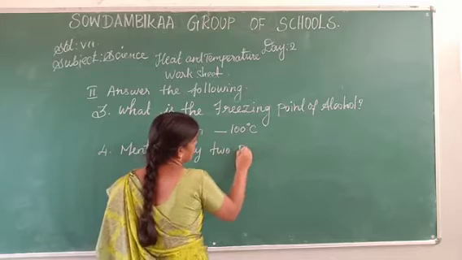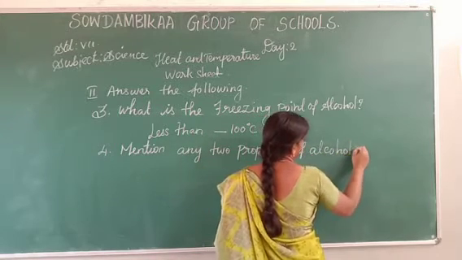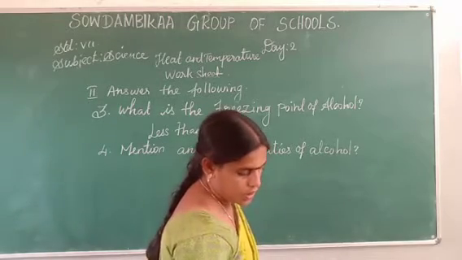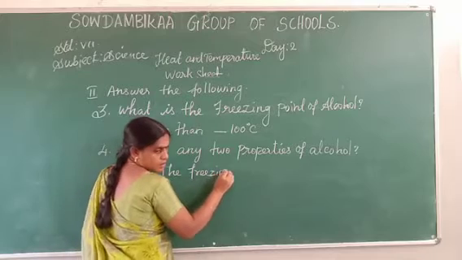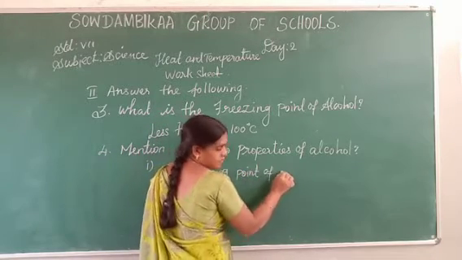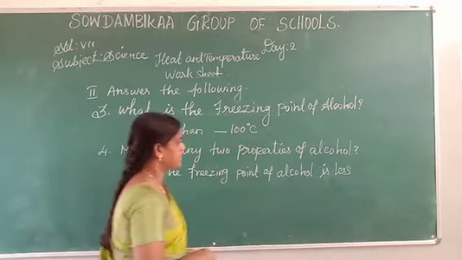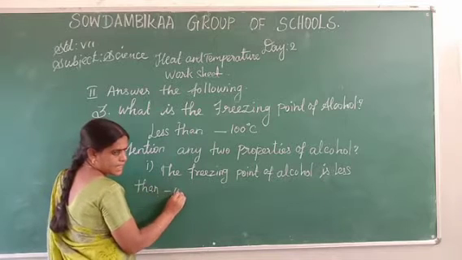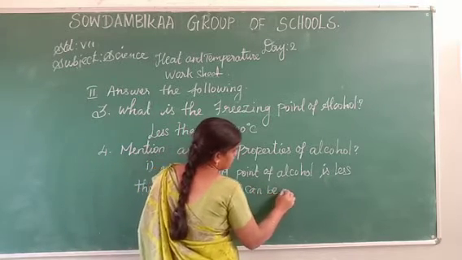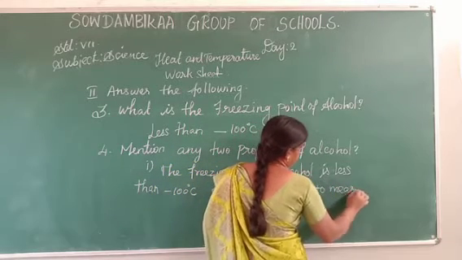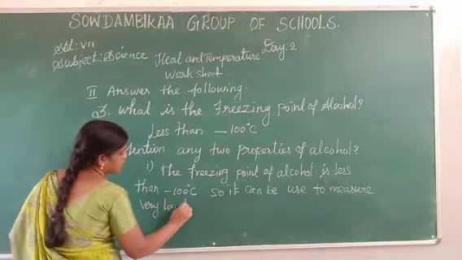The first point: the freezing point of alcohol is less than minus 100 degrees Celsius, so it can be used to measure very low temperature.